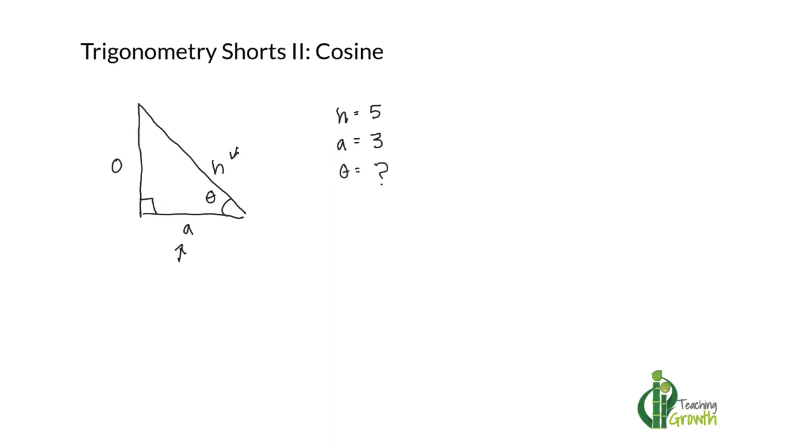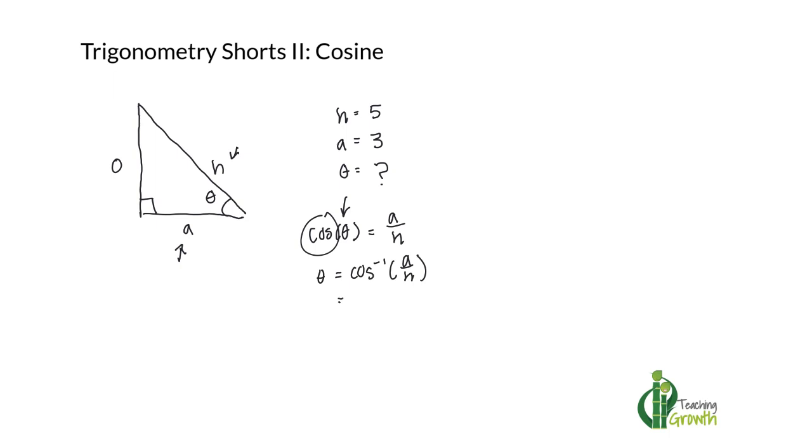What would theta be? We have our SOHCAHTOA, and CAH reminds us that the cosine of the angle is equal to the ratio between the adjacent and the hypotenuse. We want to solve for this theta, so we take the inverse cosine of both sides. Once you take the inverse of this side, the cosine is canceled out and you're left with theta, and you have cosine inverse remaining on the other side of a over h.